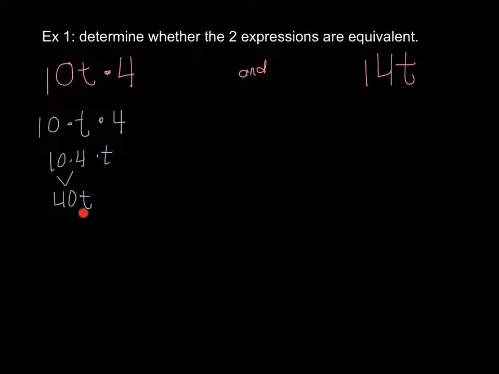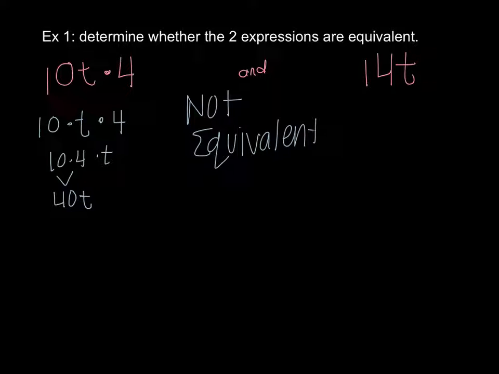Is this the same as our other expression, 14t? No, it's not. They are not the same. So our expressions are not equivalent. That's our answer. Not equivalent. They are not the same thing.